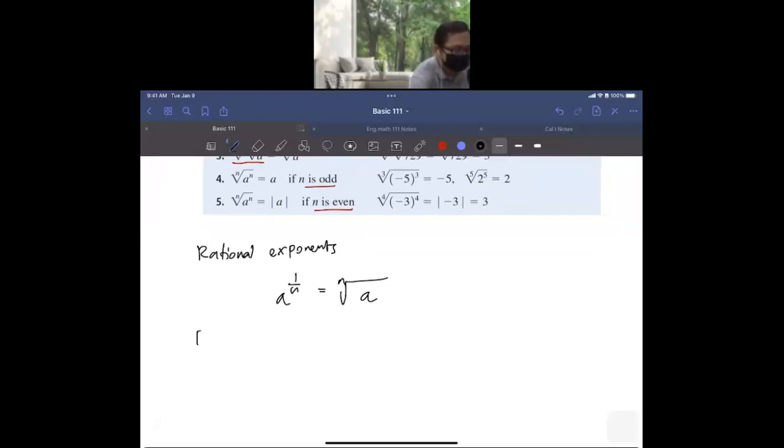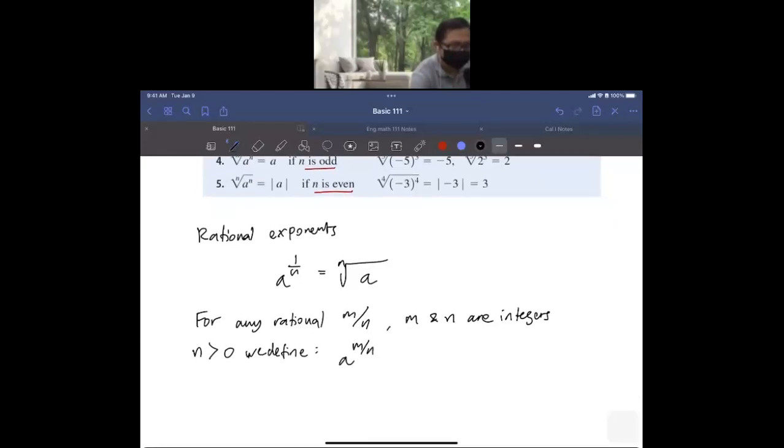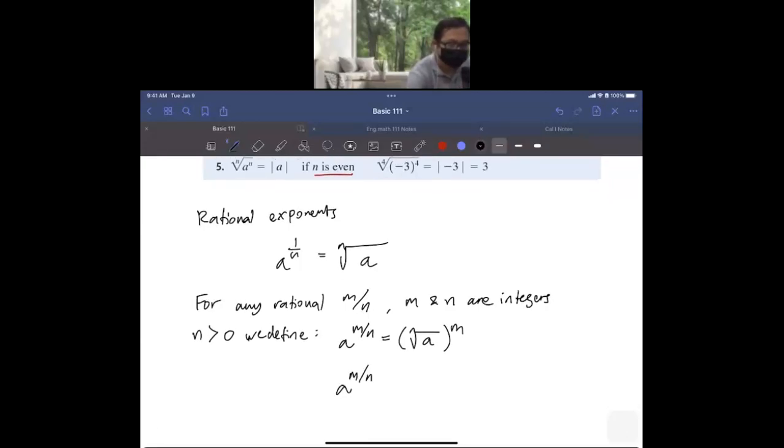So if we have any rational m over n, where m and n are integers, and of course n should be greater than 0 because of the domain itself to be defined, then we define it, or we could say that this is the same thing.